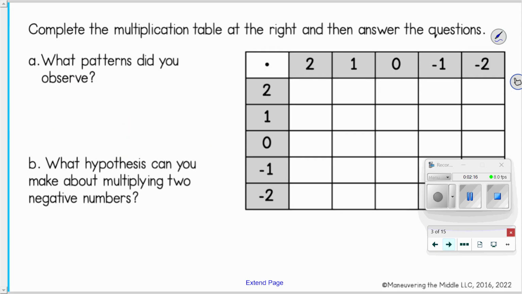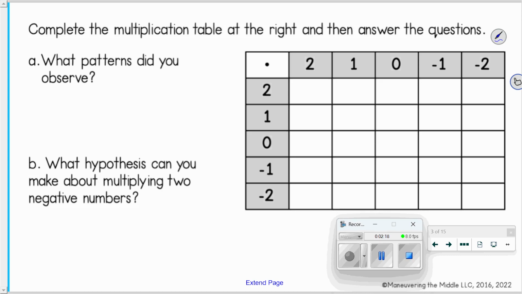So, continuing this thought then, let's see if you can fill this table out accurately. Do the answers by yourself. Once you and your table mates have the table completed, look at patterns and see if you can give me a hypothesis about multiplying 2 negative numbers. Go ahead. Okay, filling in the chart should have been easy. I probably just started with the zeros because those are the easiest.